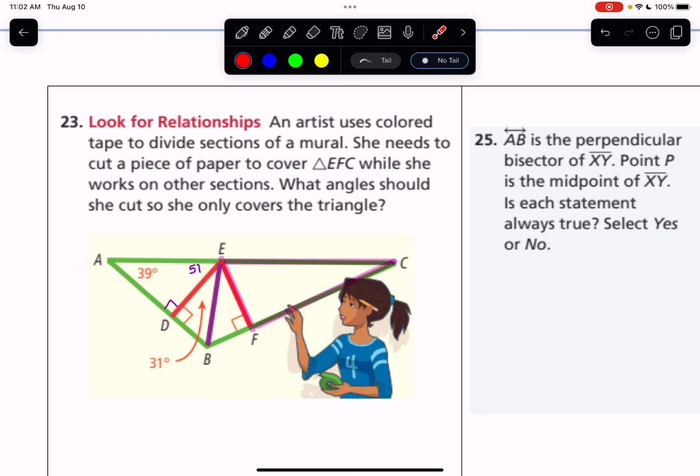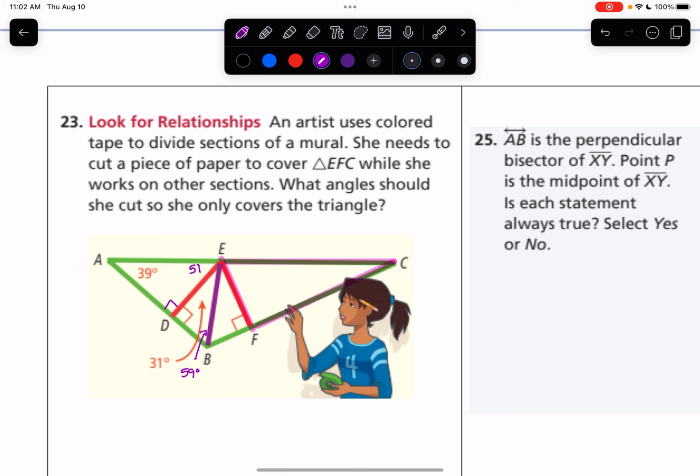Let me get a calculator because I'm bad at subtraction. Truly, I should be better at this. 90 plus 31, 180 minus 121 is 59 degrees. I should know this.